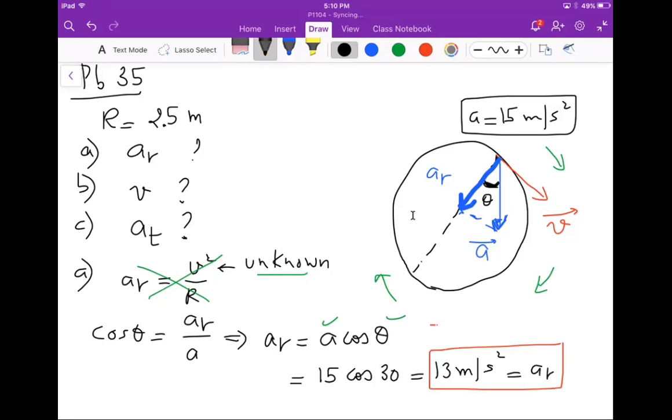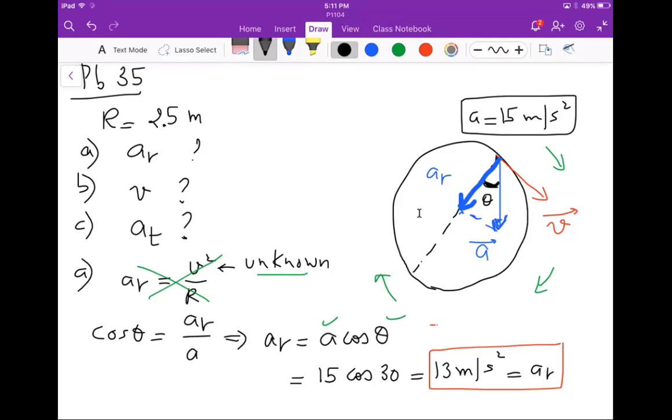Okay. Now, the second question was, what is the speed of the particle at that instant? How to determine the speed of the particle? This was difficult before passing through part A. But now, we can simply use what we've been discussing.